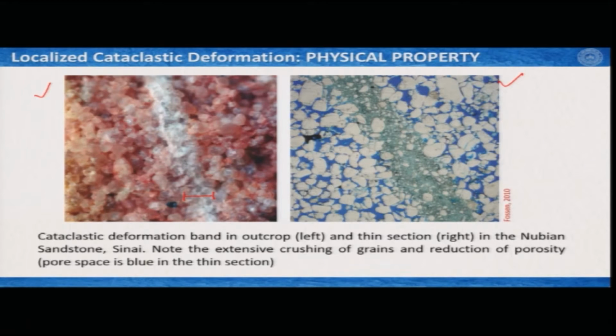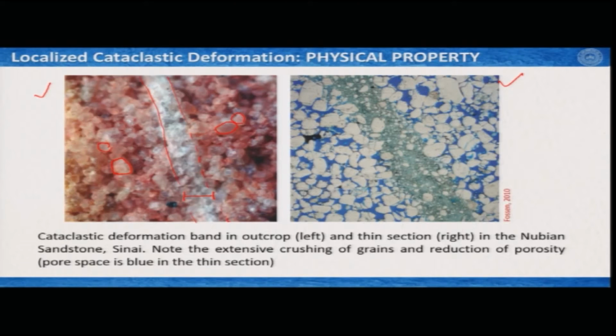The photograph was taken by Professor Foyson. You see these little grains here, and then along this narrow zone something got really crushed, just sort of pulverized here. Okay. And the thin sections also reveal the same feature.